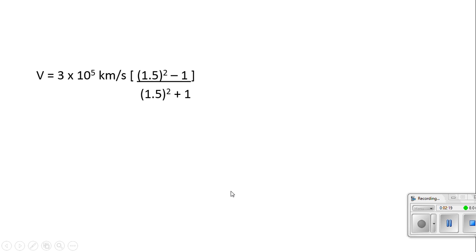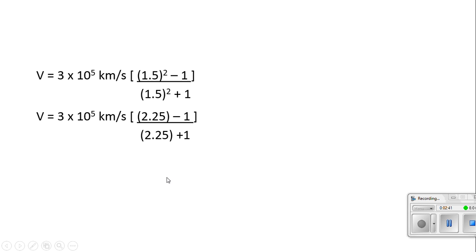So we put those in, and then if we add those together, so now we have 1.5 squared minus 1 over 1.5 squared plus 1, multiplying all of that. That's what these brackets are for. The brackets should go all the way down, but I can't make it do that on the computer, sorry. So these brackets actually take in the whole thing there. So we're going to take this whole thing and multiply it by our 3 times 10 to the 5th.